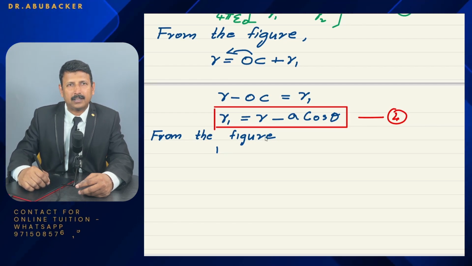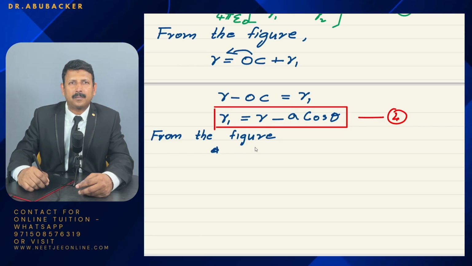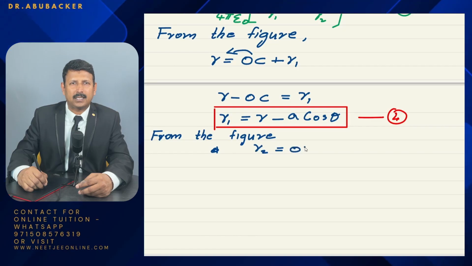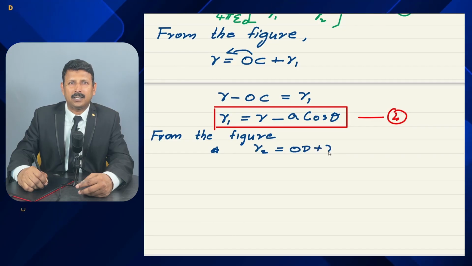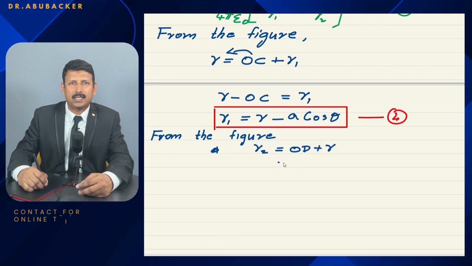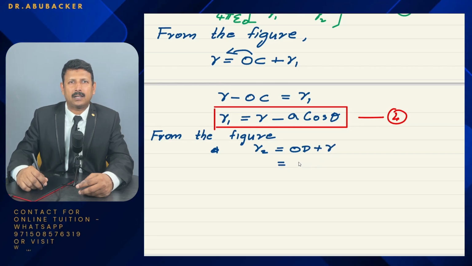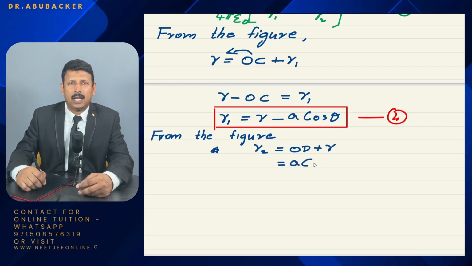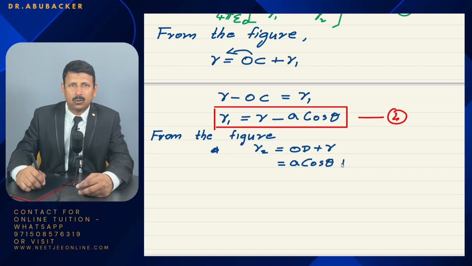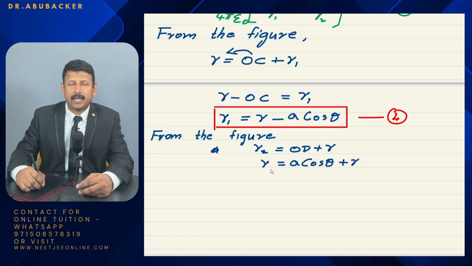Let me check the diagram. R2 is the left side distance. R2 distance is OD plus r, ignoring that small slanting. Then OD is a cos theta, again one side of that downside triangle, plus r.